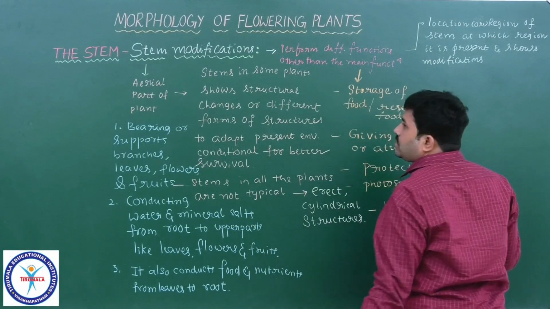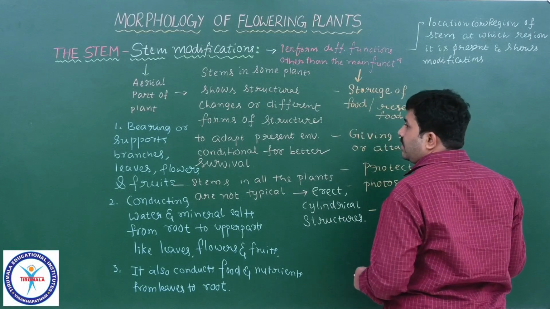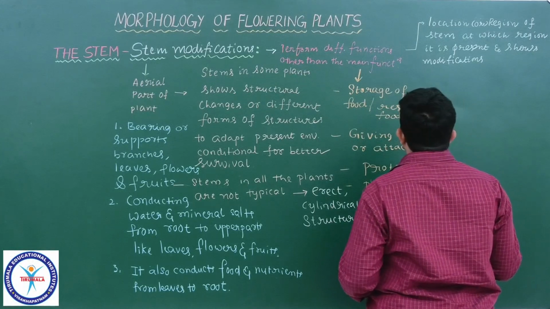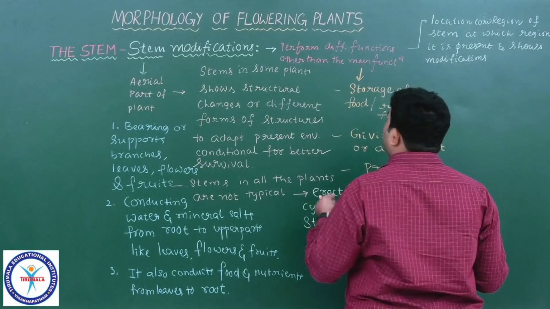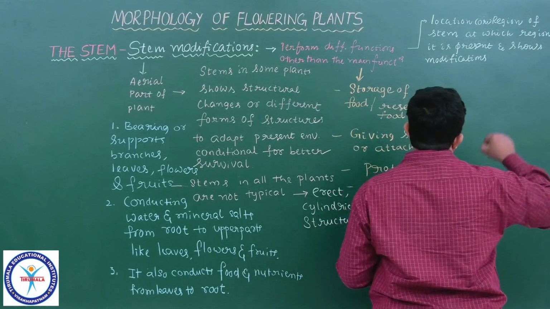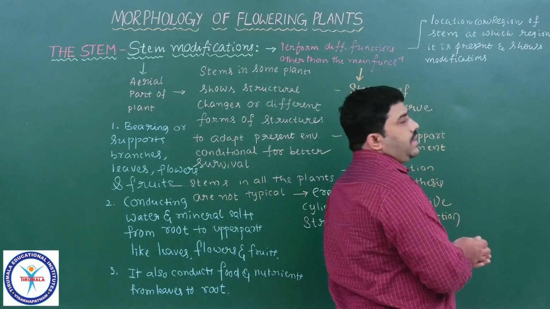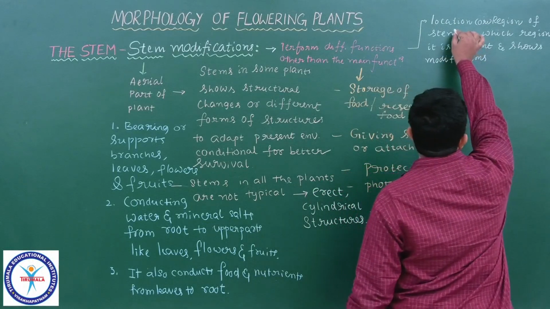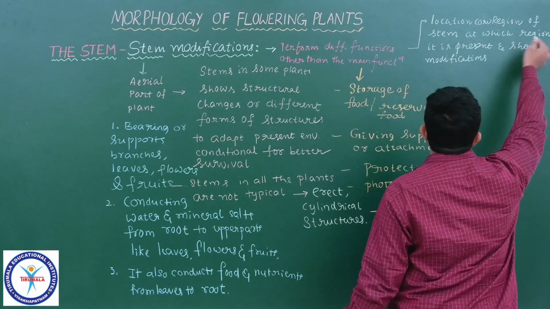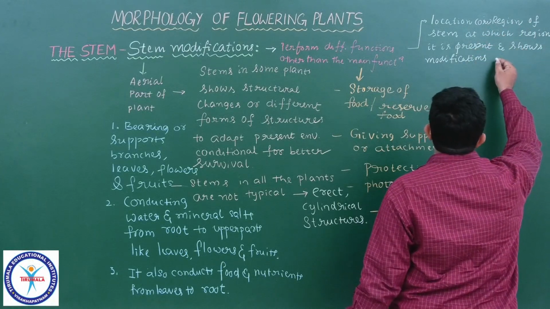If the modifications are in the aerial part of the plant body, in a stem growing above the soil, they are called aerial stem modifications. Already I said. So that is the meaning of location and region of the stem at which it is present and shows modifications.